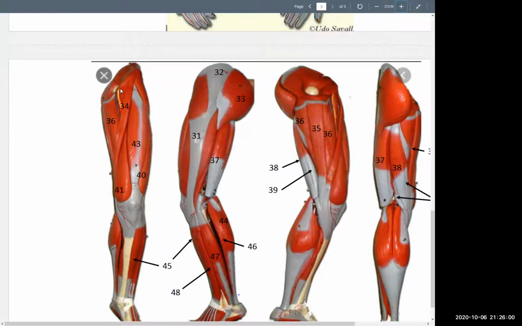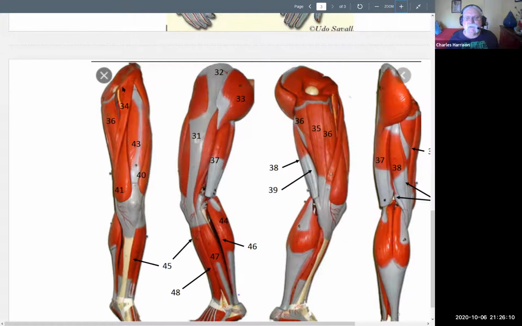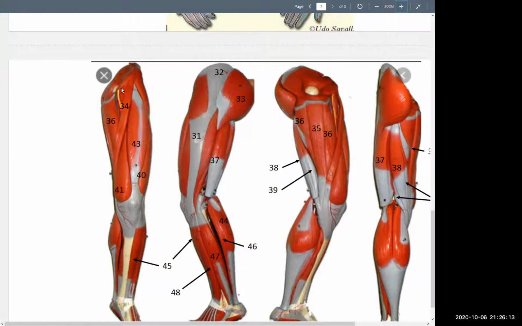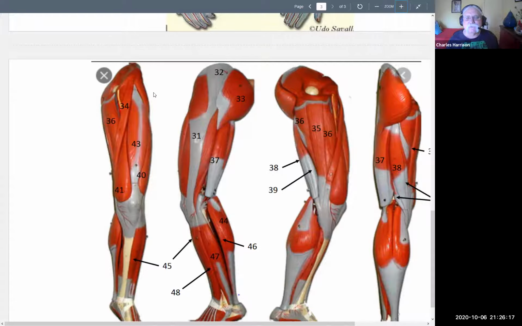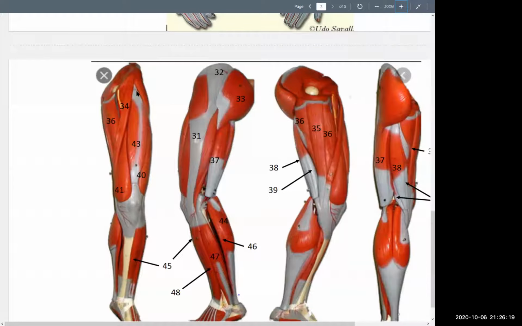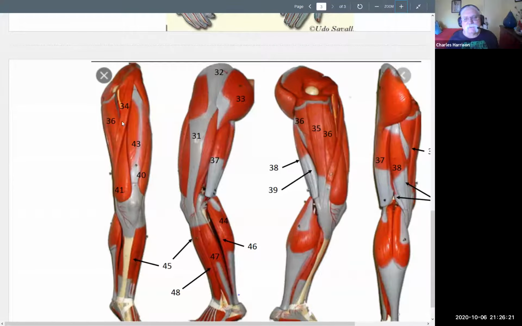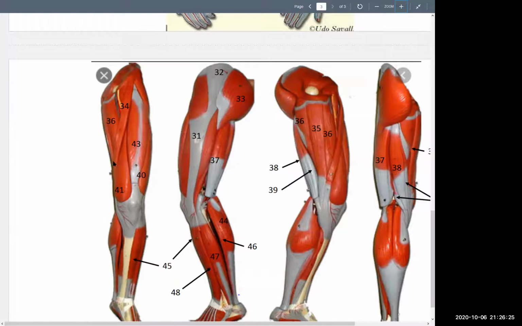Is it the sartorius? It's not the sartorius, right? That'd be the long one. Pectineus. What's that long strip again? That's the sartorius. That long strip, 34. The longest muscle in the body, the sartorius. Perfect. That's what I got it confused with.